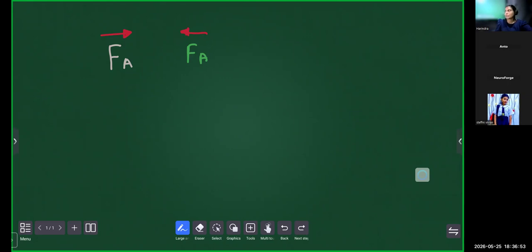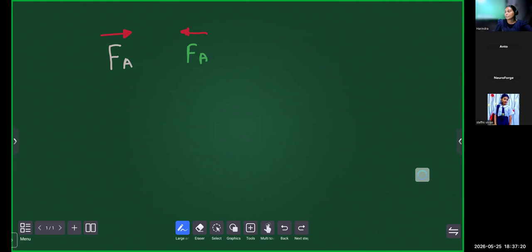What is the second law? It's F equals ma. The force on an object is equal to its mass times its acceleration. That's the second law. Okay. And third law, what is it? For every action, there is an equal and opposite reaction. The rocket is trying to push the air down.